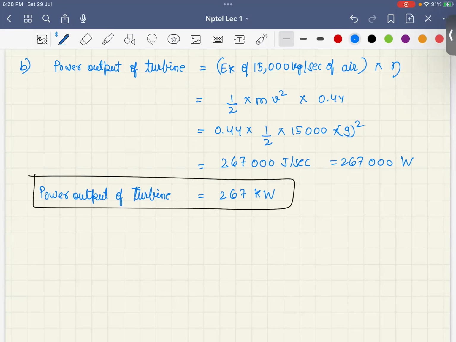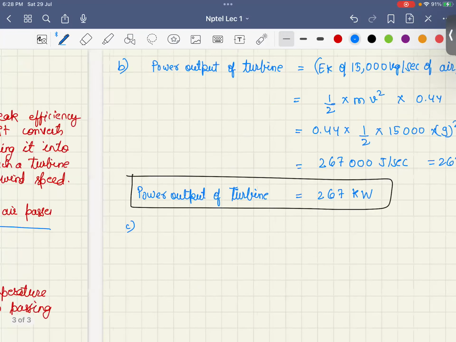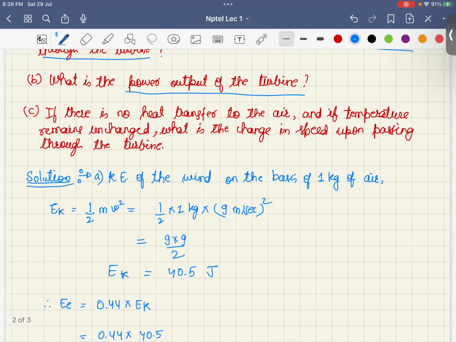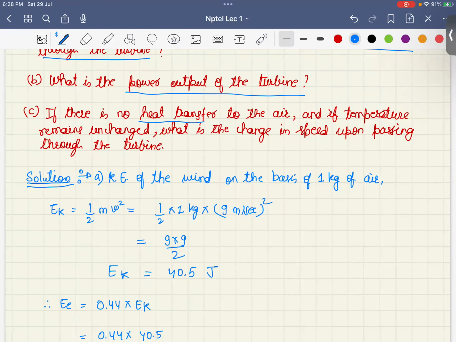Now, part C. In part C, we are asked if there is no heat transfer to the air and if the temperature remains unchanged, what is the change in speed upon passing through the turbine?